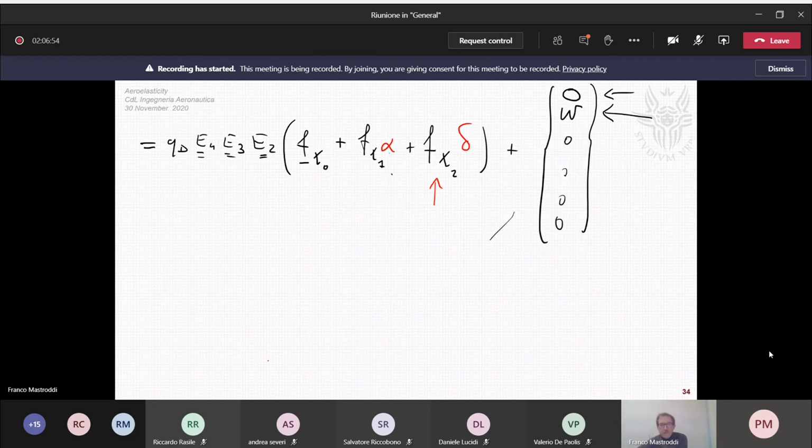A final comment on this. This vector is very, very similar to this vector here, and it is representing the capability to model the variation of the normal to the airfoil given by the angle of attack rotation.